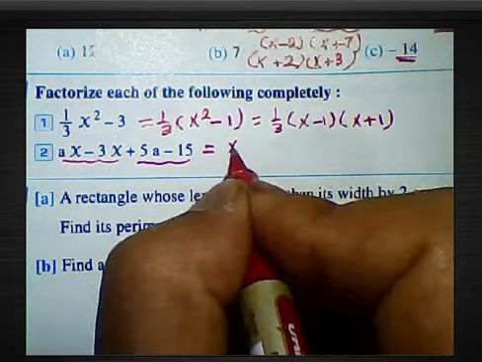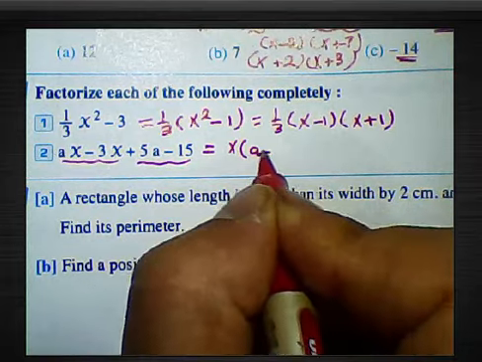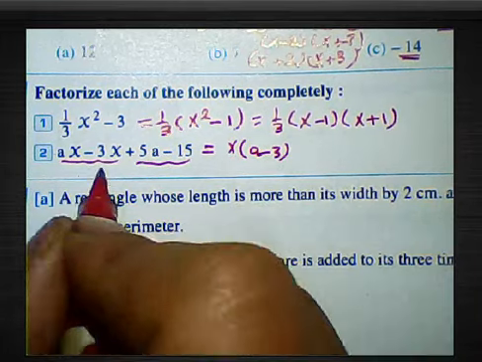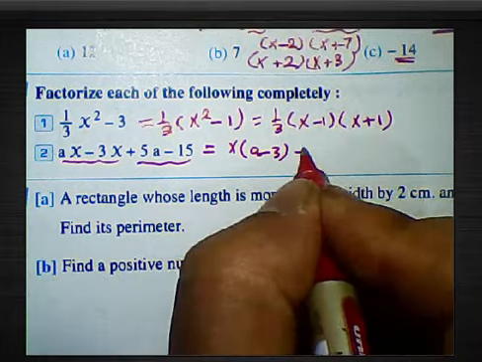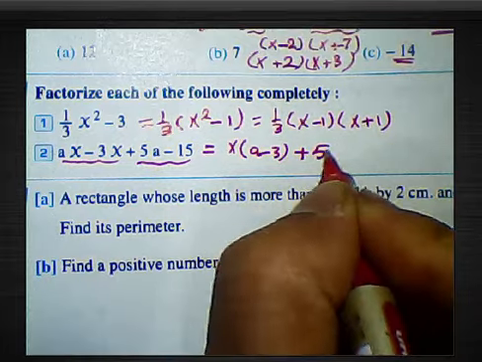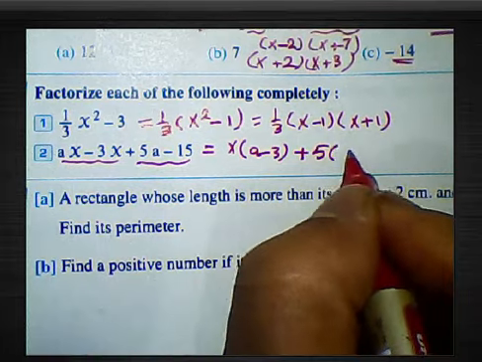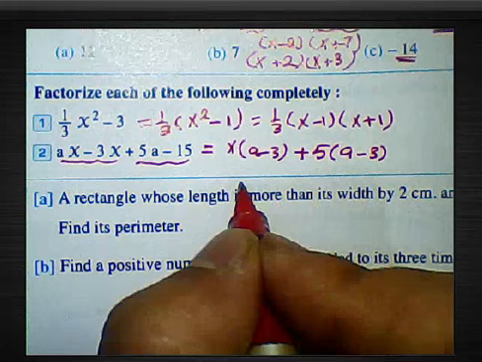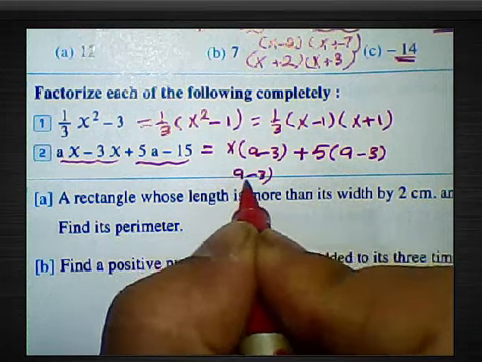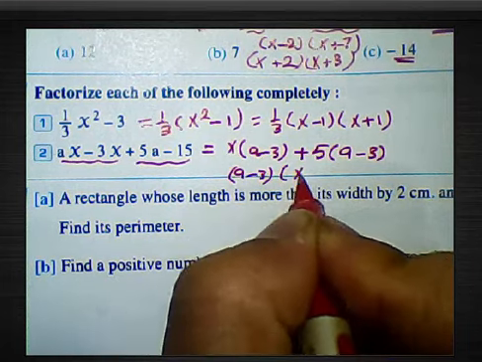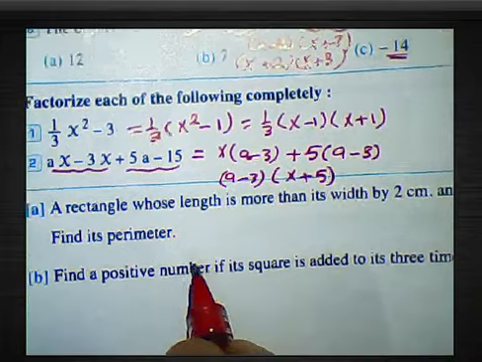Write x outside, and the result will be a minus 3. Write 5 outside for the two terms here. It will be a minus 3, and then write a minus 3 outside here. The result will be x plus 5.